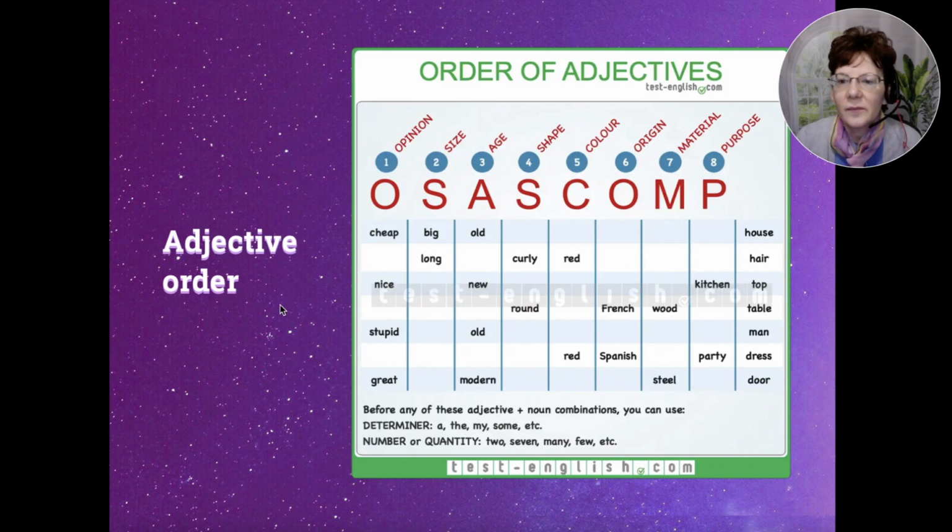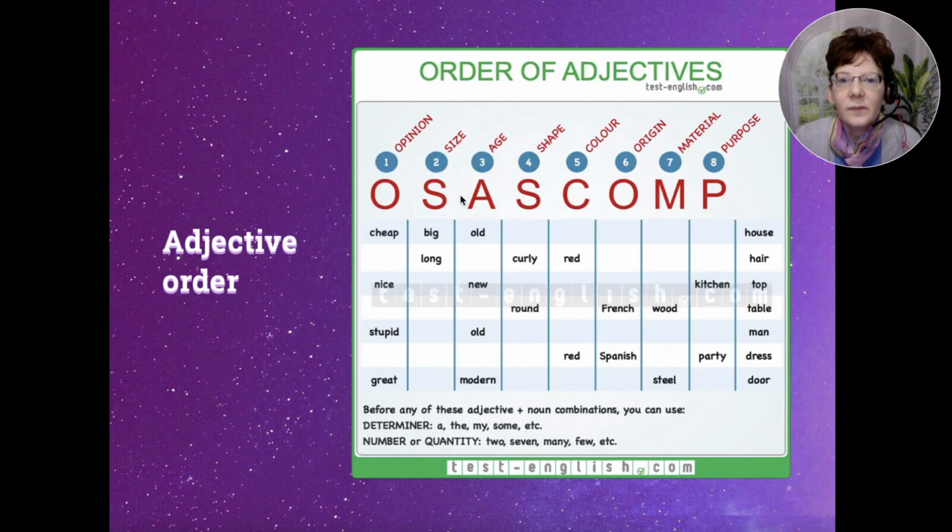Okay, so adjective order. We'll look at this table here first and see what goes from first to last. It's known by this acronym, OSASCOMP. The first one is an adjective of opinion, for example, cheap, nice, stupid, great.